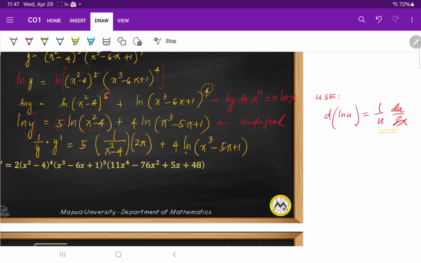I'm sorry, hold on, it should be 4 times the derivative again. So 4 times 1 over x cubed minus 5x plus 1 times the derivative of x cubed minus 5x plus 1, which is 3x squared minus 5.